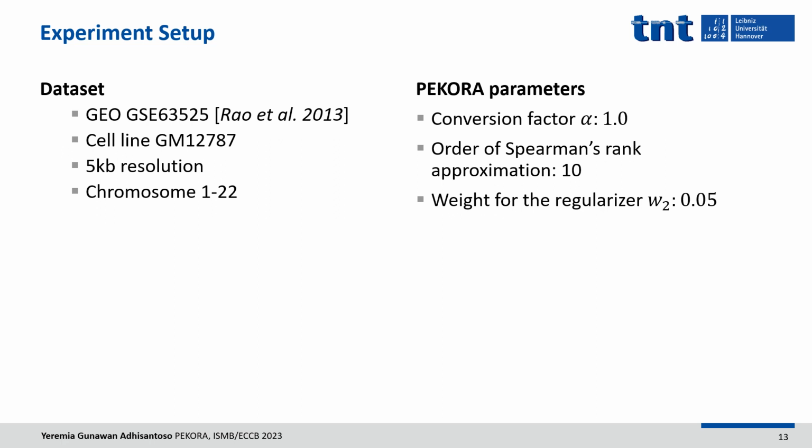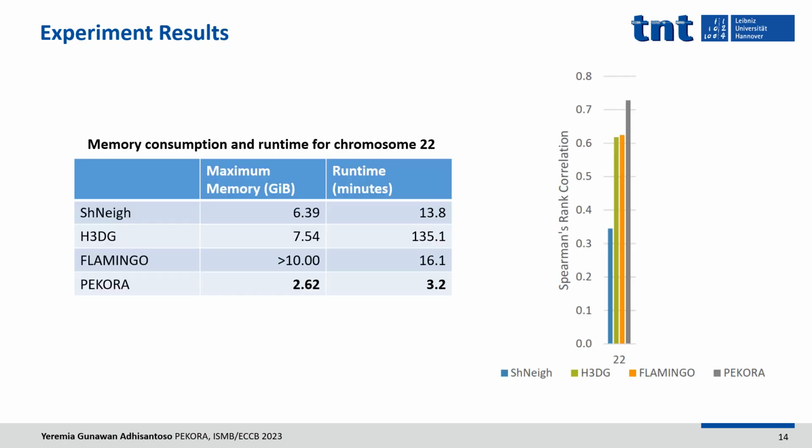For the PEKORA parameters, we use the conversion factor alpha 1.0, and empirically, we found that order of Spearman rank approximation 10 and weight for the regularization 0.05 are sufficient to achieve good results.